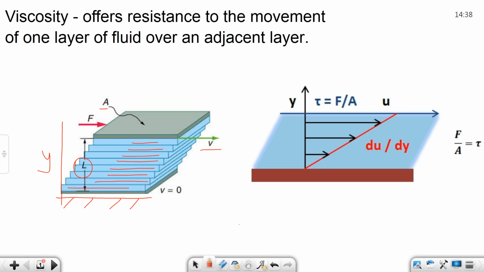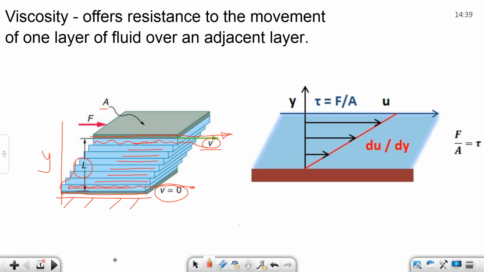At the bottom plate, velocity v is 0, because this plate is stationary, whereas for the top plate, the velocity is exactly the velocity of the plate. Means for this fluid layer velocity is equal to v, whereas the velocity for this fluid layer is approximately 0.